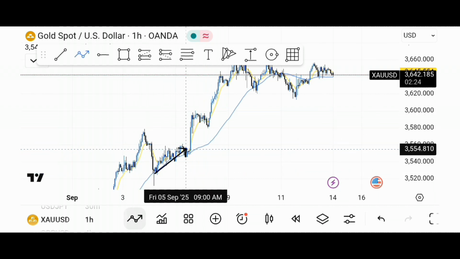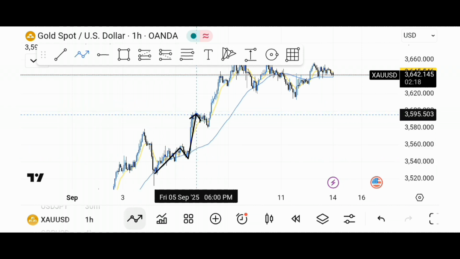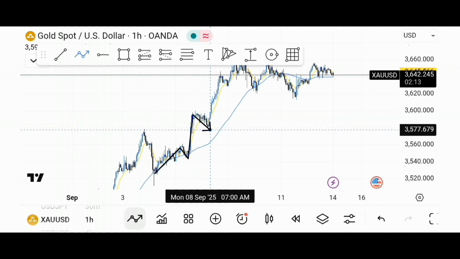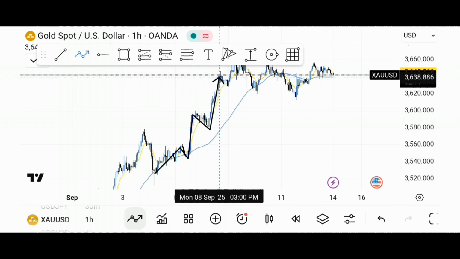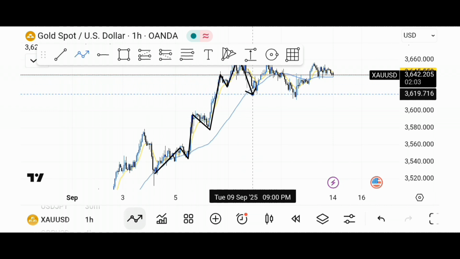You can see an uptrend, small retracement. We are going to the smaller time frame to look at this. A small retracement, then you can see another impulse move after the retracement, another impulse move again after the retracement, like that, like that, like that.